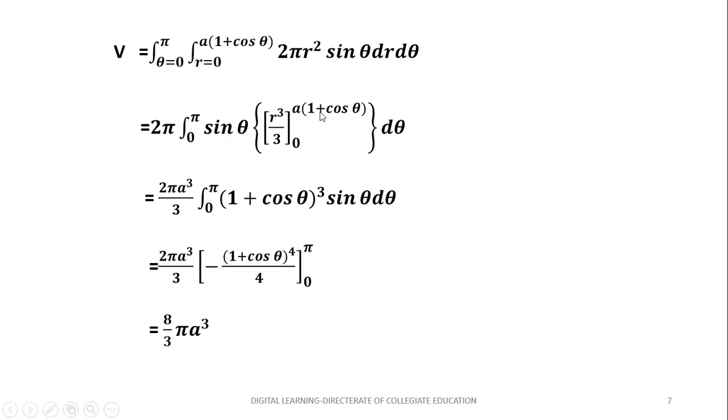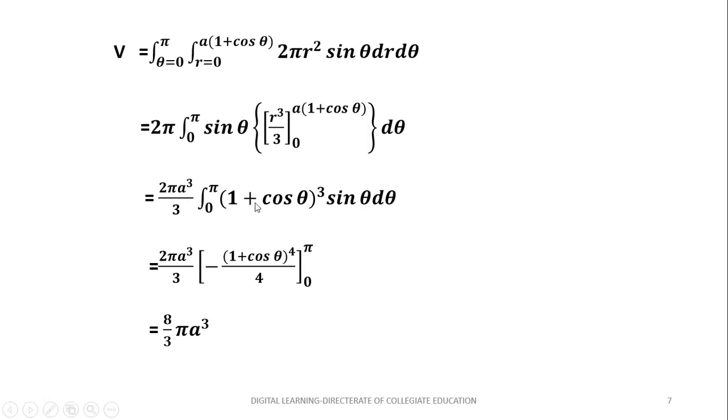Now substitute this upper and lower limit. It becomes 2 pi a cube by 3 integration from 0 to pi of 1 plus cos theta whole cube sine theta d theta. Now integrate this with respect to theta.